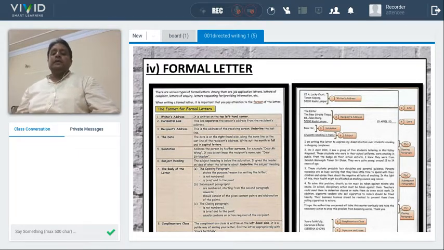In O levels English paper 1, directed writing, the last sentence in a directed writing question, if you have seen one, is always a statement presented by the examiner in words like start your letter with dear sir.